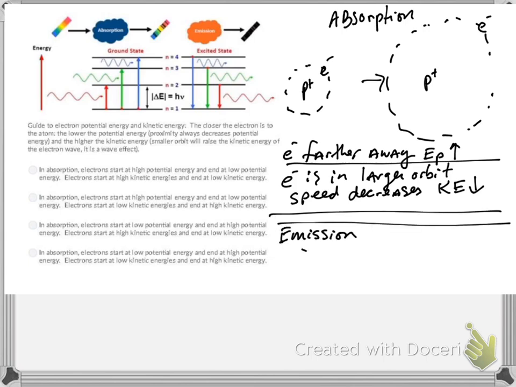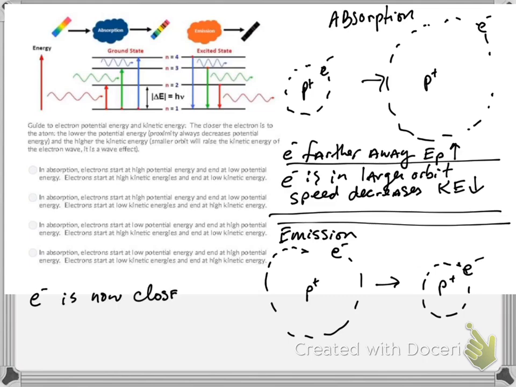In emission, we'll see there's the opposite process. So we start off with a very big orbit, electron far away from the nucleus. It then emits a photon. We now go to an inner orbit. So the electron is now closer to the nucleus. Potential energy must decrease.